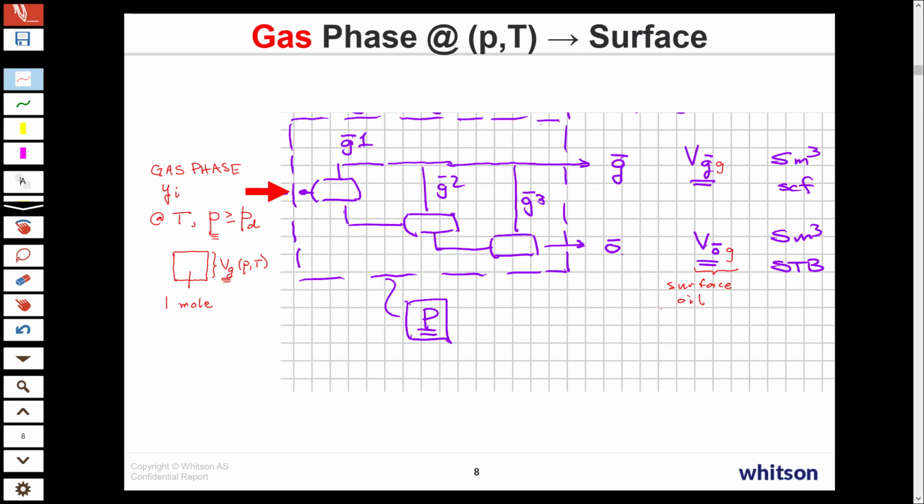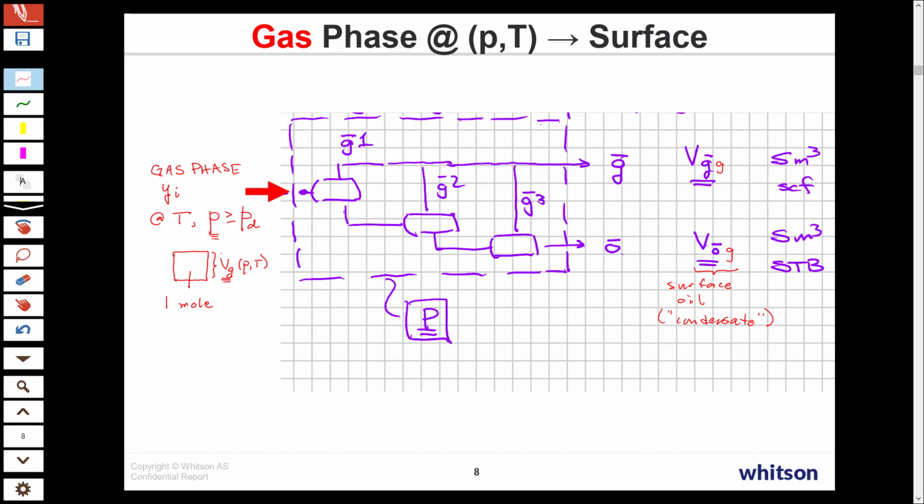It's surface oil, which is usually referred to as a surface condensate, stock tank condensate. So these are the three volumes that will be used in defining the Blackwell PVT properties.